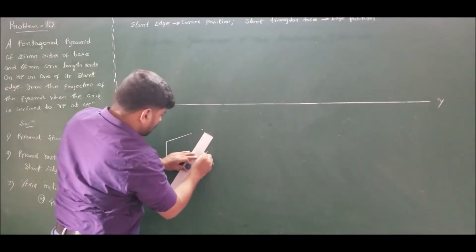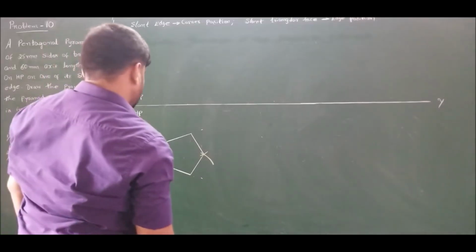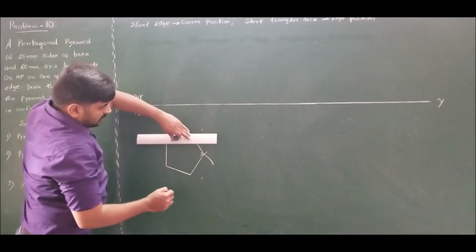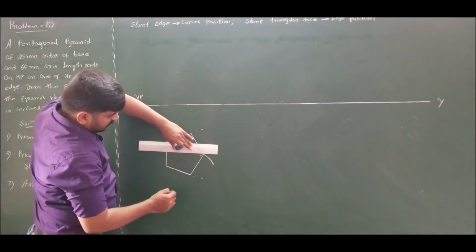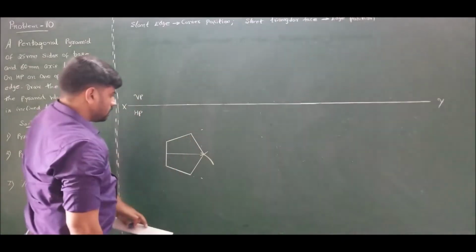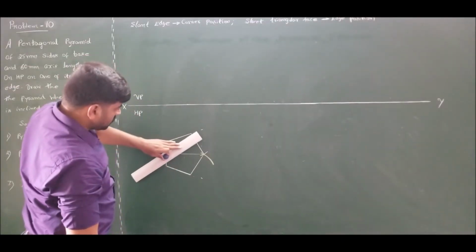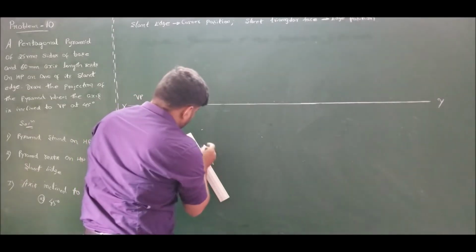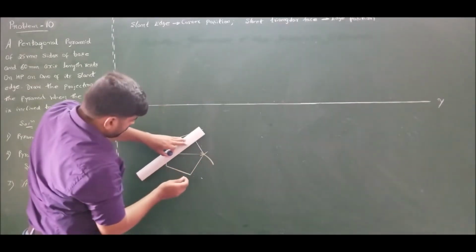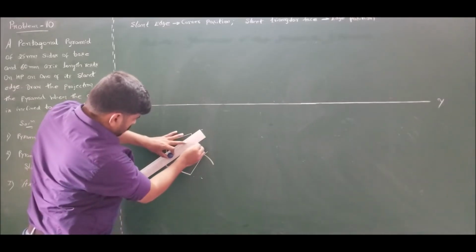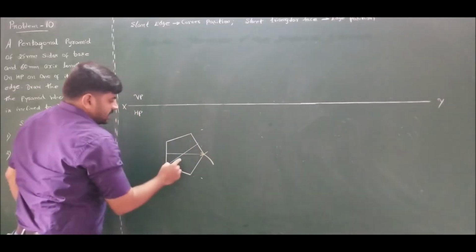Now, join this corner. To mark the center, draw the perpendicular bisector. And from this corner, draw one more perpendicular bisector to the opposite edge. Locate the center.